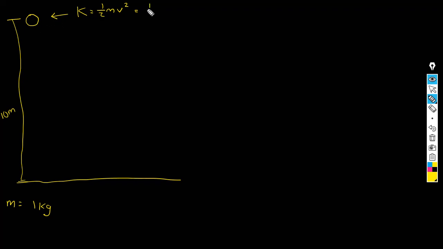It's going to be one half times 1 kilogram times its velocity squared. But its velocity is 0, right? Because I said that it was at rest. When you calculate all of this, you will get 0 joules. So the kinetic energy is 0 joules at this point because it's at rest.